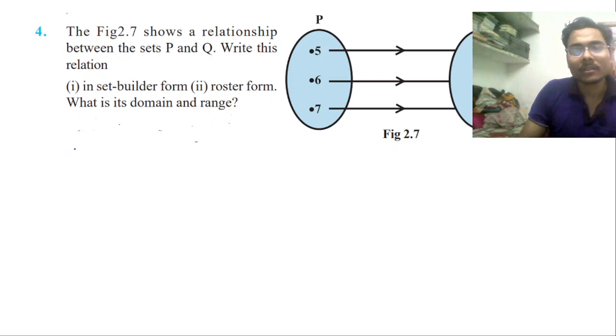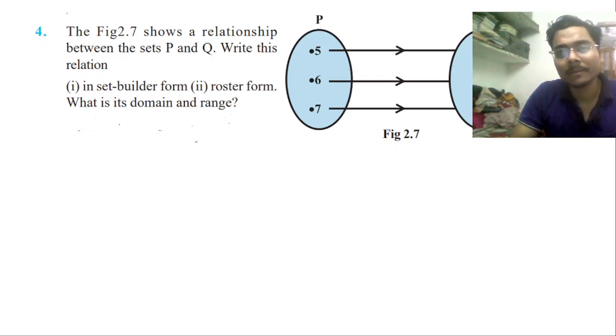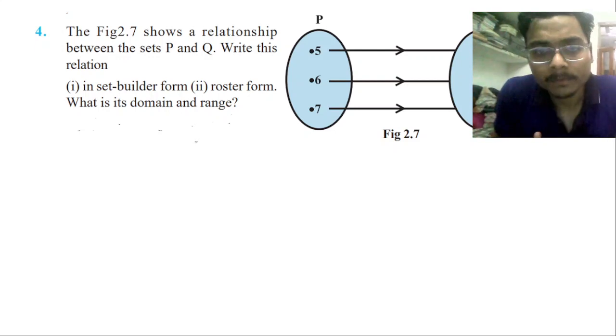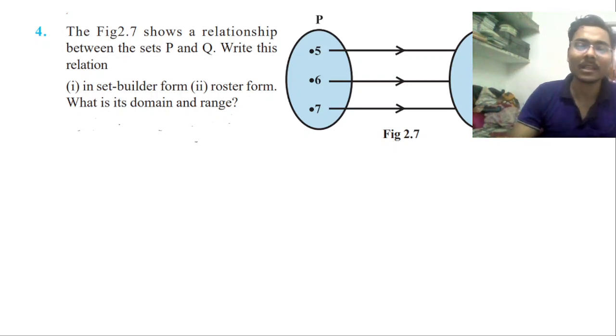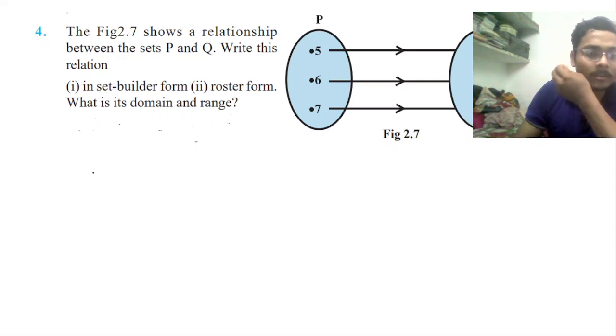Okay, so you can see that 5 is going to 3, means they are subtracting 2. 6 is going to 4, so they are again subtracting 2 from 6, and 7 is going to 5, means again subtracting 2. So we can simply write this in equation.